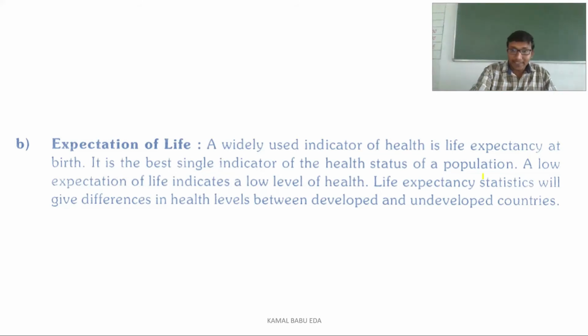And next, life expectancy statistics give differences in health levels between developed and undeveloped countries. If you see the life expectancy in India, it is nearly 65 to 70. If you go to other countries like Japan, the life expectancy is above 70 or sometimes even 80. So this is life expectancy.